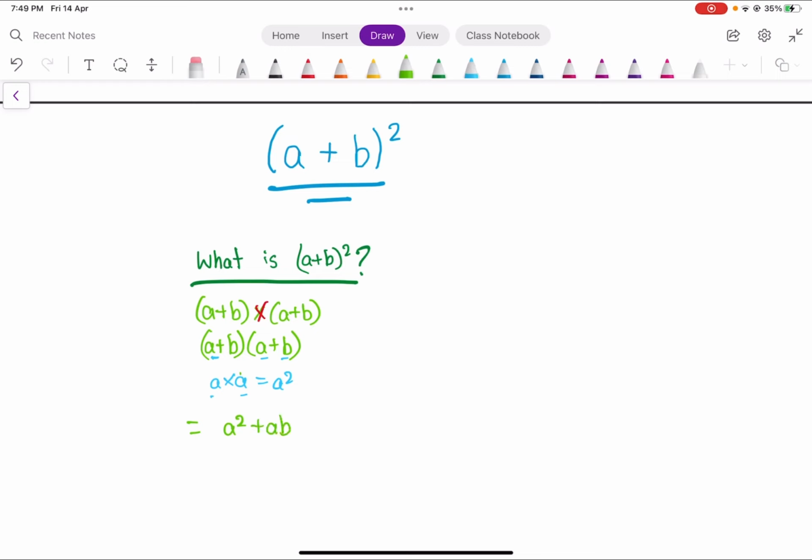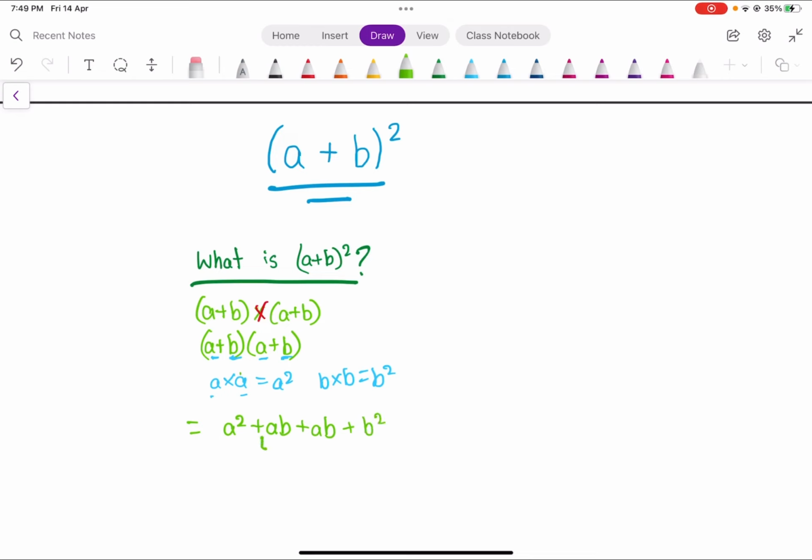Then what is b times a? Well, it's the same thing we just said before, ab, so a squared plus ab plus ab. And then lastly, what is b times b? Well, b times b is again b squared because we're multiplying b by itself. So a squared plus ab plus ab plus b squared.